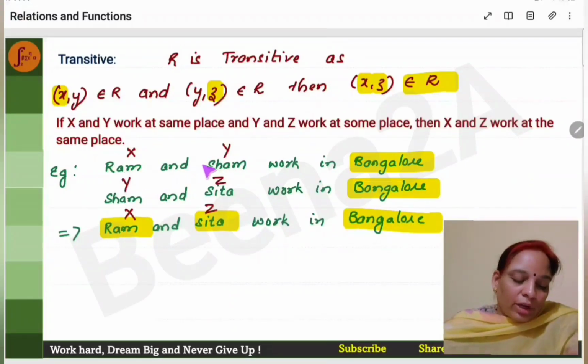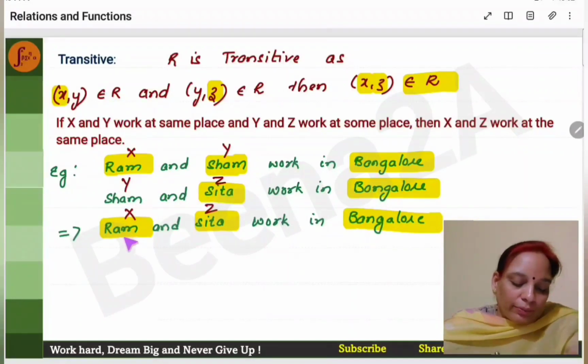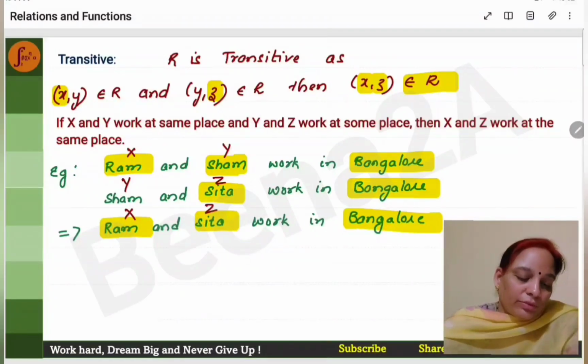Correct, right? If Ram and Sham work in Bangalore and Sham and Sita work in Bangalore, it means all three work in Bangalore. So it also means that x and z, that is Ram and Sita, work in Bangalore. Therefore, this is transitive.